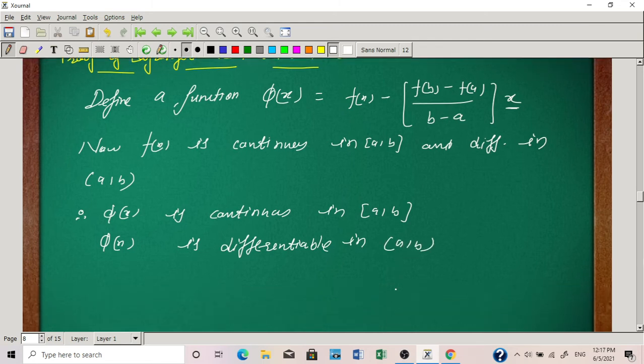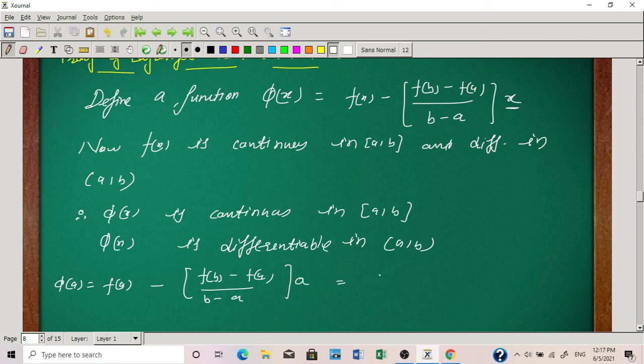And the third condition of Rolle's theorem: let's find the value of phi at the endpoints of the interval. First, phi(a) = f(a) - ((f(b) - f(a))/(b - a)) * a.